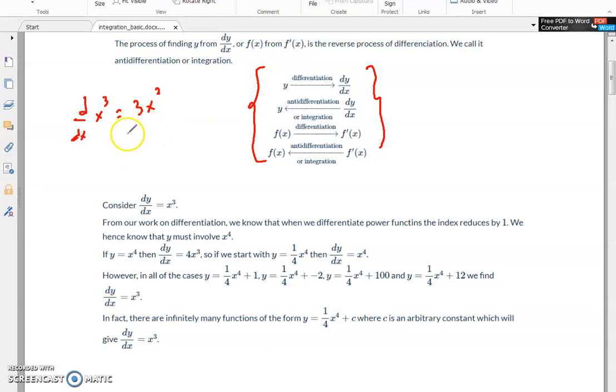So if we want to find the antiderivative of 3x squared, the answer is x cubed, because we just need to reverse the process of derivatives.